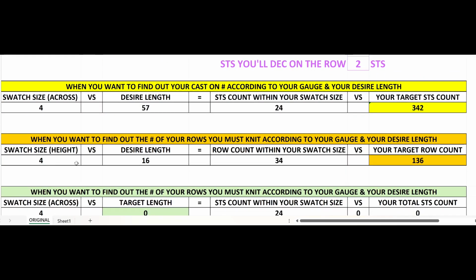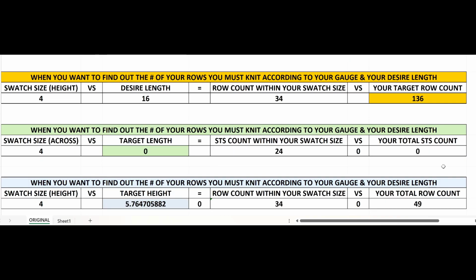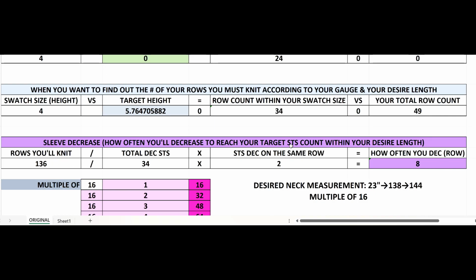What I actually found is here: if I want to knit 16 inches, I need to knit 136 rows. Okay, and let's go down to this purple section. So 136 rows I have to knit. And total decreasing is 34, which is 74 current stitch count minus 40, my goal. That's obvious, right? And I decrease 2 stitches on the same row, which means how often do I have to decrease? 8.